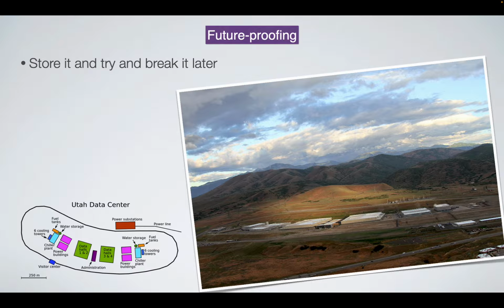Okay, anyways, if I'm able to get the key, like say I go to Google and I'm able to get their secret encryption key that they're using for all their traffic, I won't be able to decrypt all the stored information I have, okay? If I have a quantum computer, I also will not be able to break it. I would be able to break it if the connection was happening when I have a quantum computer, but if I store it and try to break it later, it wouldn't break.